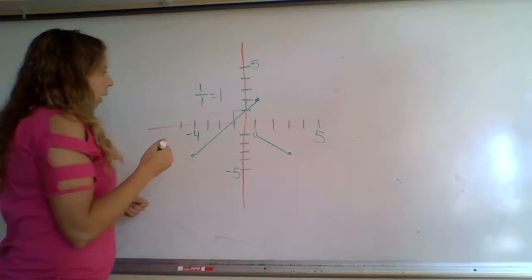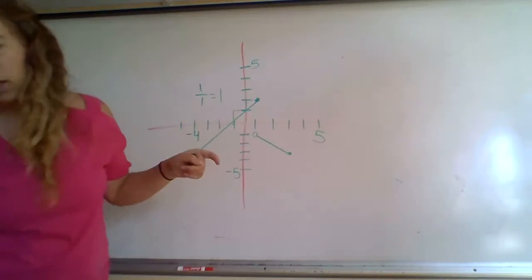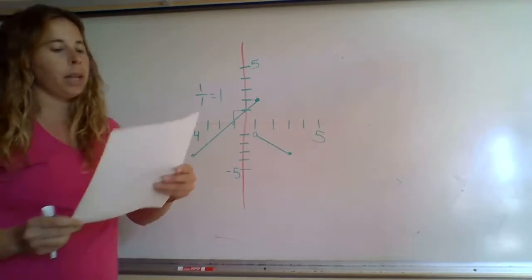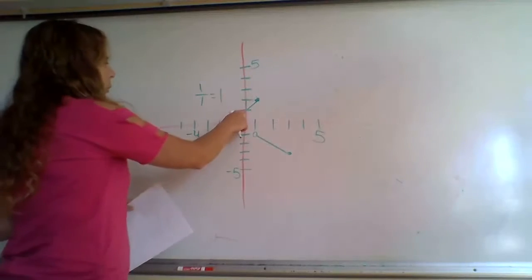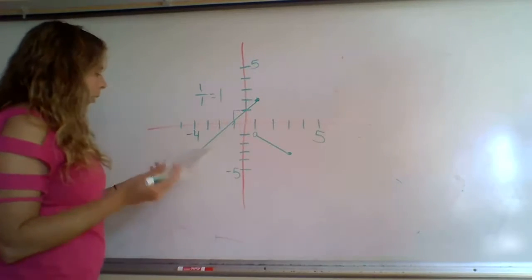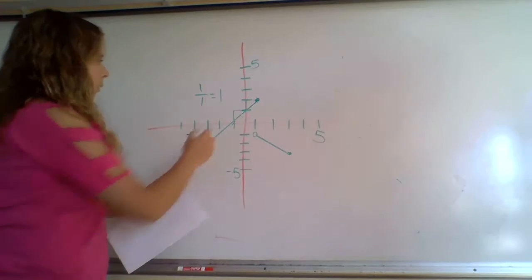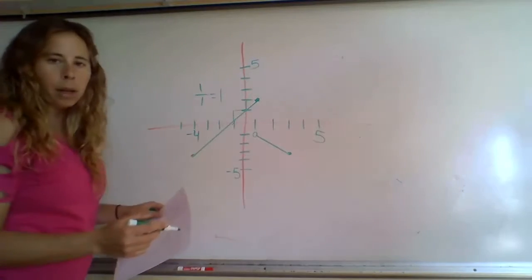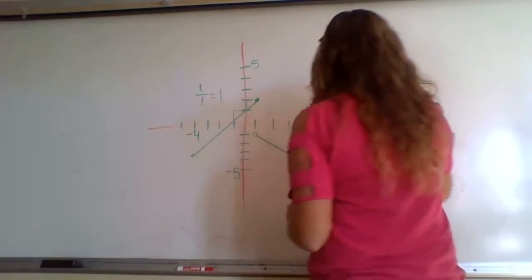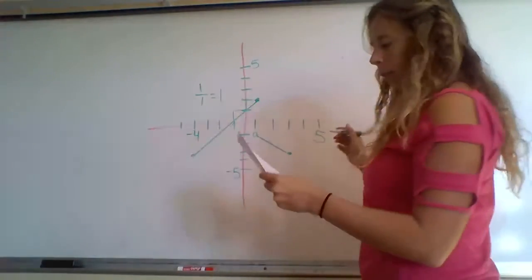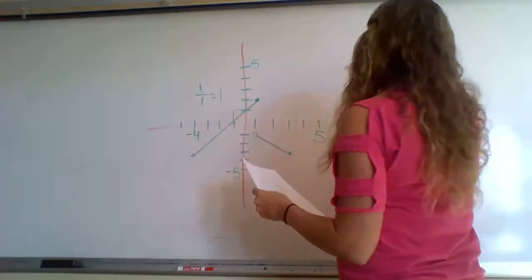And then your y-intercept, it gives it to you. So your y-intercept is 1. Knowing that, you can write your piecewise for the first section. I didn't call it anything, I'll just call it f of x.